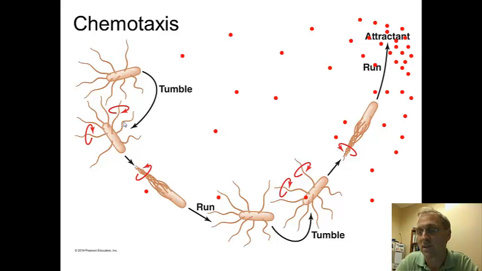Organisms may be attracted to certain chemicals that perhaps the organism might want to obtain more of. We refer to this process as chemoattraction. Likewise, some microorganisms may be repelled away from certain chemicals and move away from them. We refer to this process as chemorepellent.